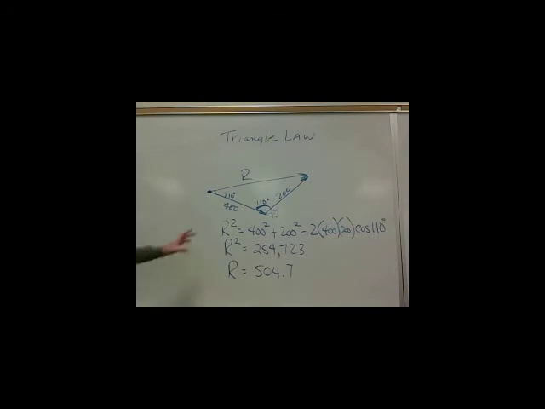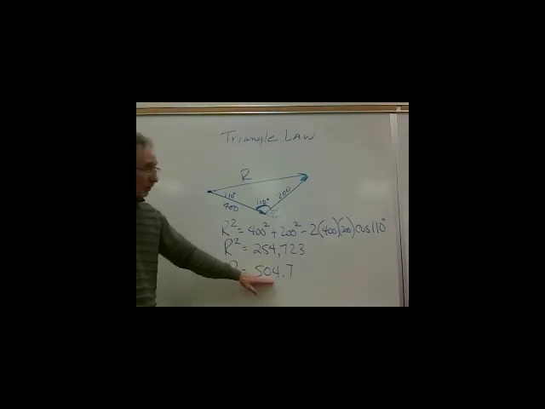As soon as you do this, you find out R squared comes out to be approximately 254,723. You take the square roots of both sides, you find out that the resultant R is 504.7.